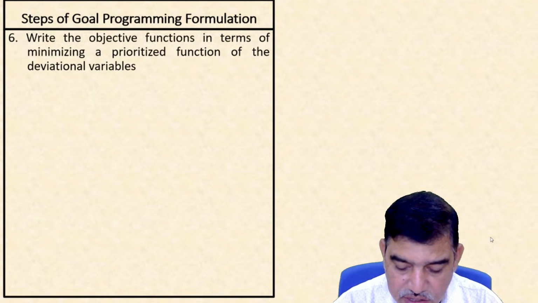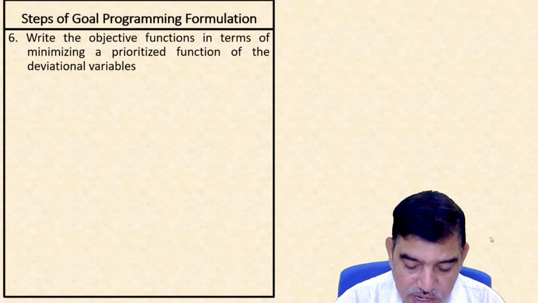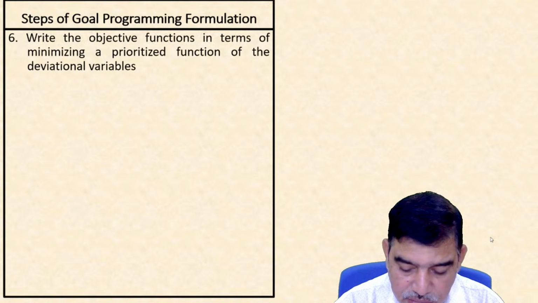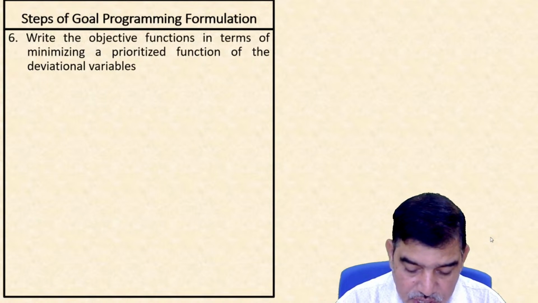The right hand side constants may be either available resources or specified goal levels. It requires a careful analysis of the problem in order to identify all relevant variables that have some effect on the set of goals stated by the decision makers.